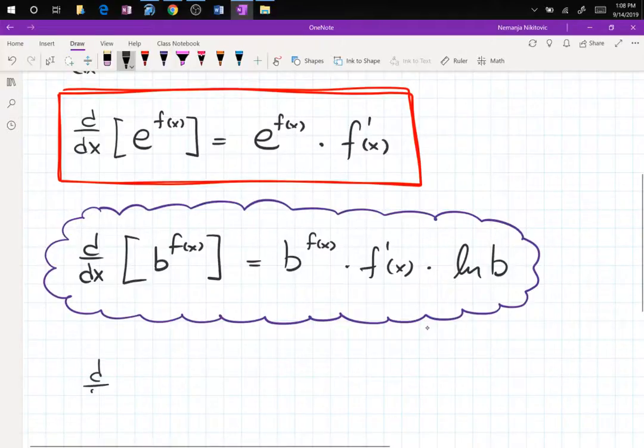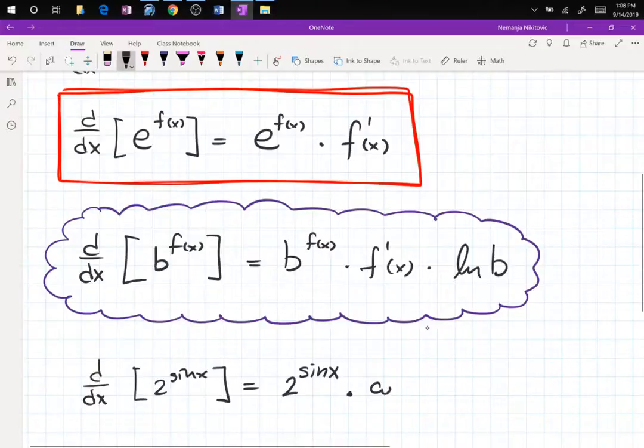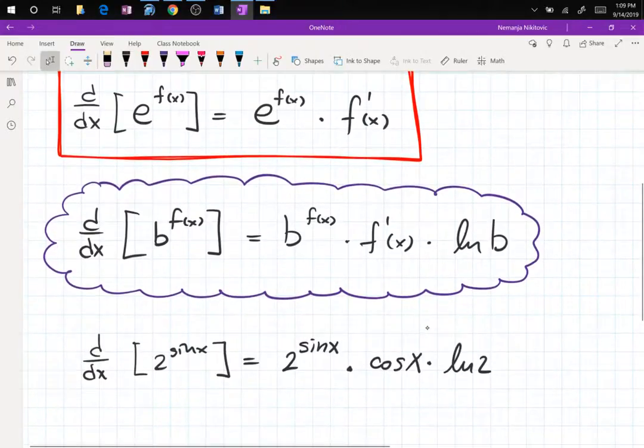Well, if the question says find the derivative of 2 to the sine x, you just follow the formula. As you can see, you first copy the problem as is, then take the derivative of the exponent, which will be cosine x, and then multiply this by ln 2. There you go. Very simple. You just follow the formula, and you get the problem.